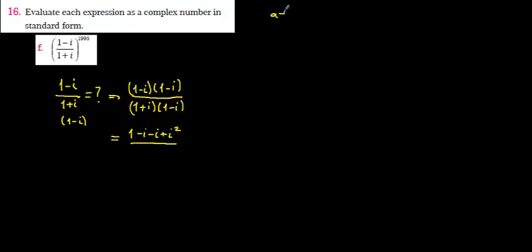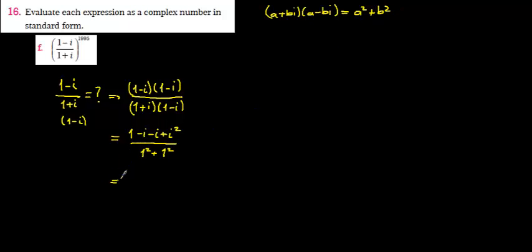If you remember, (a plus bi) times (a minus bi) is equal to a squared plus b squared. So here it's going to be 1 squared plus 1 squared, because the coefficient in front of the i, which is b here, is 1. We only get the square of b.